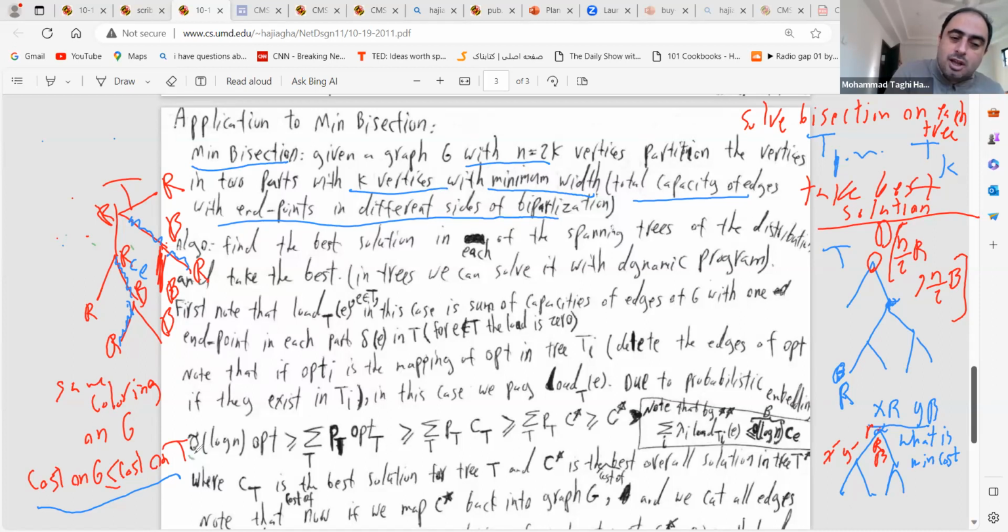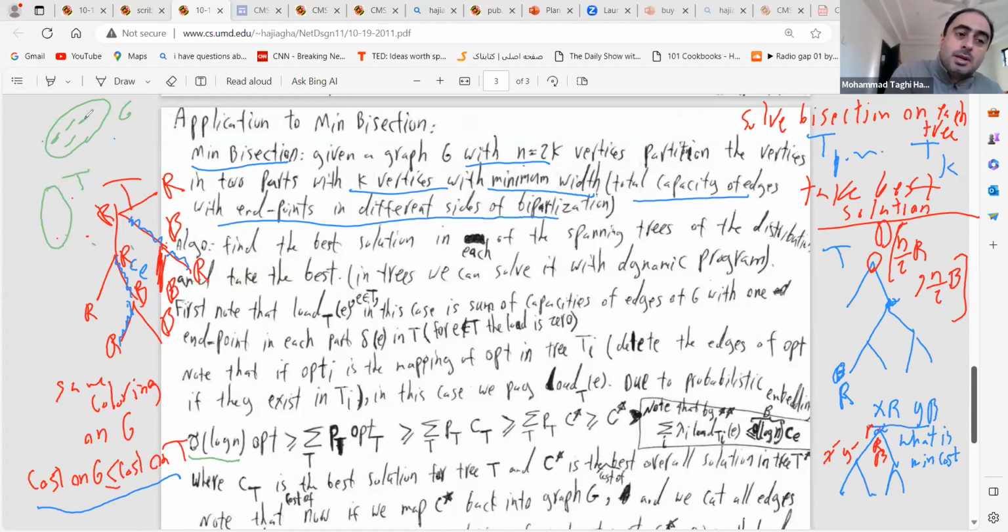So consider the optimum solution. Consider the graph G, and the optimum cuts some of these edges. Now, this opt, you can embed it on any of these trees.